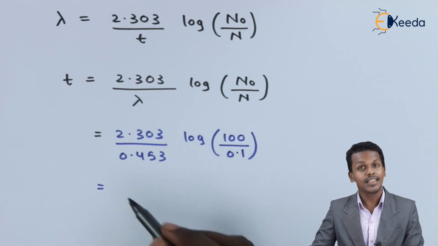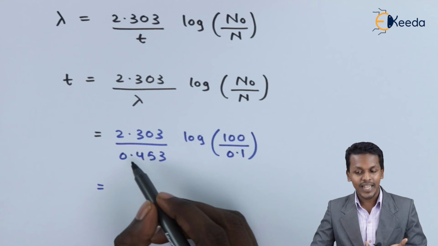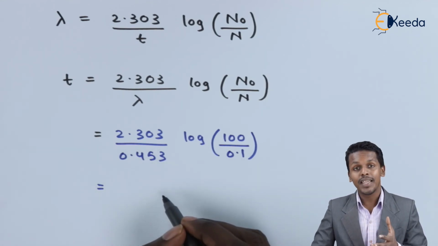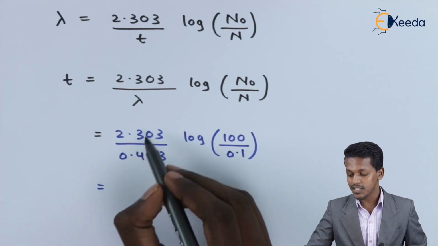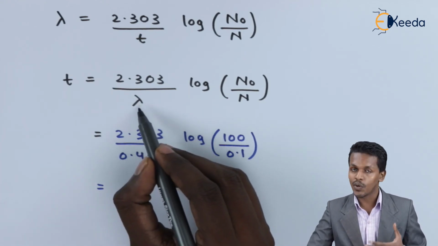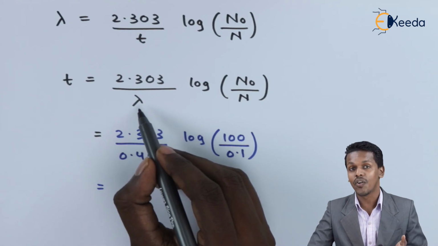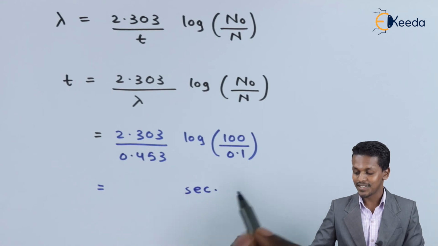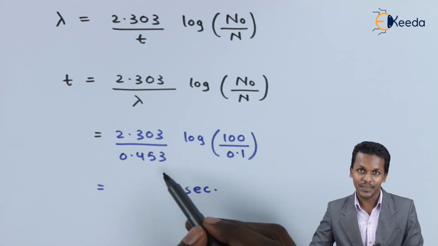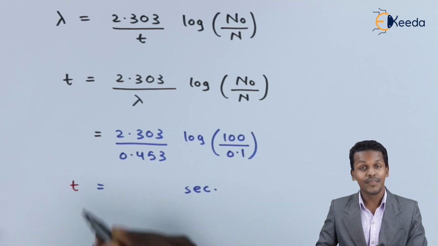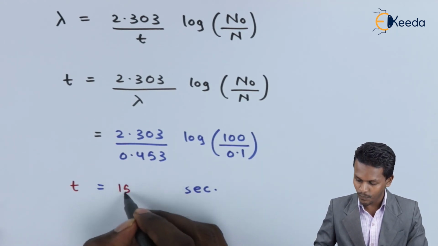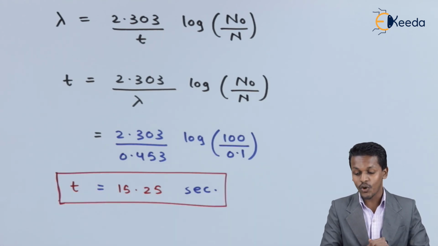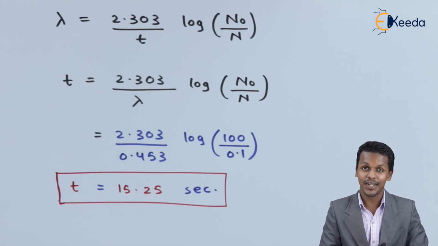The time should be in seconds, because the decay constant has a unit of second inverse, which means the time will have a unit in seconds. So we have got the value of time here as 15.25 seconds. So this is the answer, and this is how we can calculate this numerical.